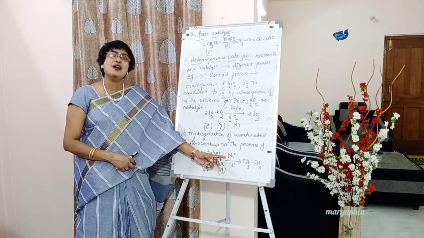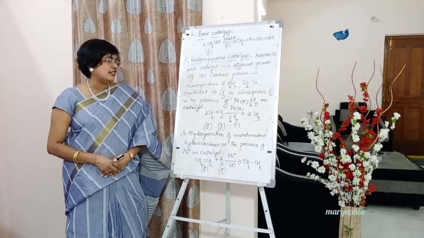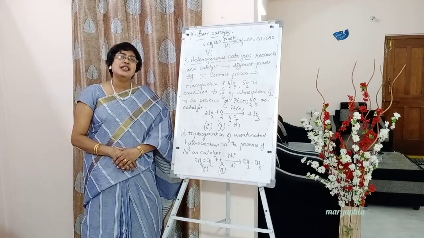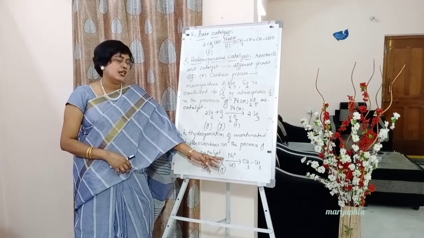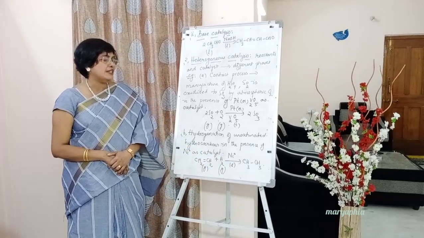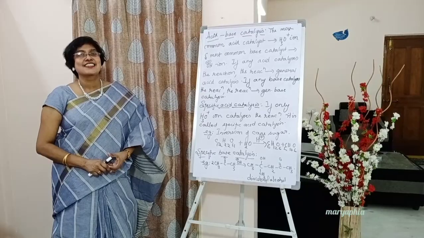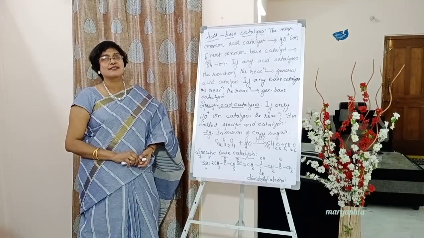In the presence of nickel, which is in solid state, gives saturated hydrocarbons. For example, in this reaction, we get ethane. So, CH2 double bond CH2 plus H2 in the presence of nickel gives CH3. So, next topic, acid-base catalysis.